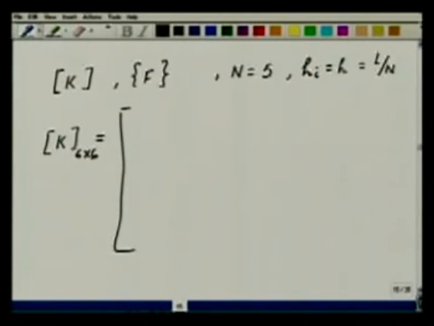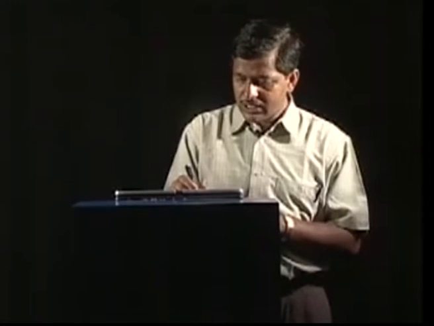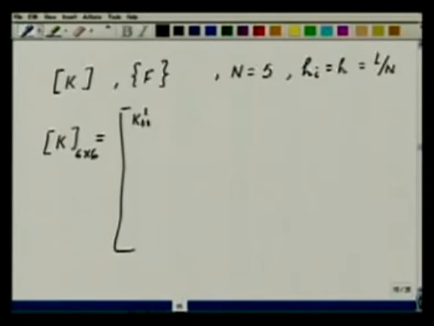So from the first element, the first and the second entries of the element go where? They have to go to the first row and the second row and the first and the second column, because for element 1 the global phi's which are non-zero are the phi1 and phi2. So here will come K11 of element 1. Here will come K12 of element 1.